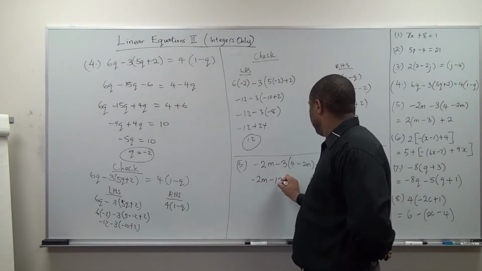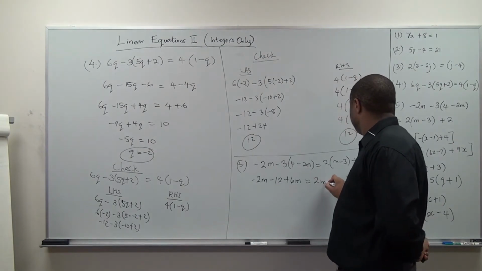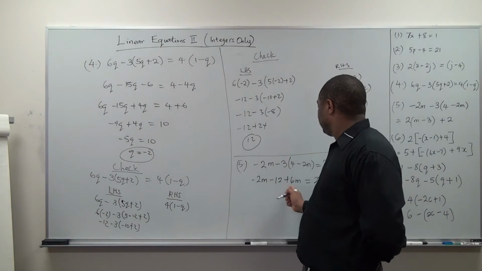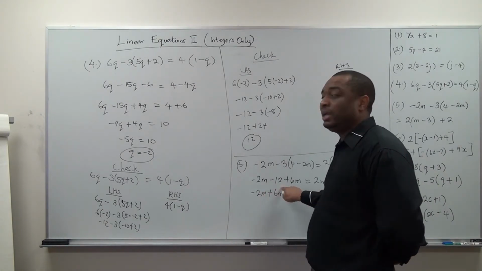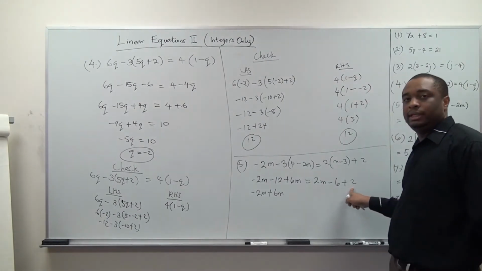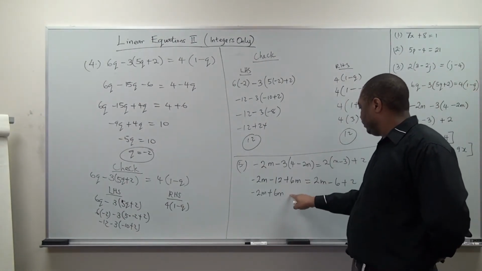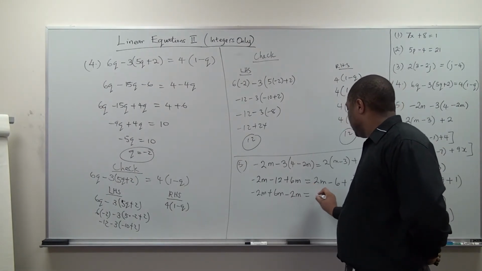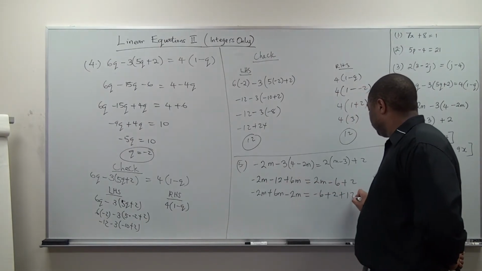Of course, this is negative 12 plus 6m equal to 2m minus 6 plus 2. And that gives you negative 2m plus 6m. You move negative 12 to join the constants over to the right. You move 2m over here to join them here. This is plus, so if it comes here, it becomes negative 2m. And this is negative 6 plus 2 plus 12.